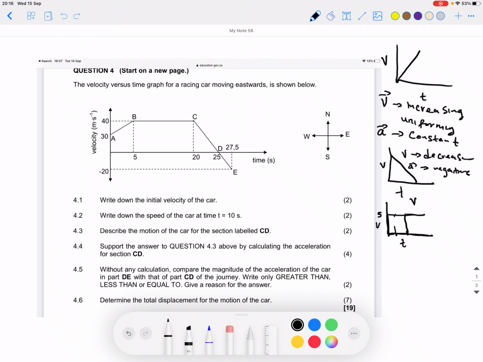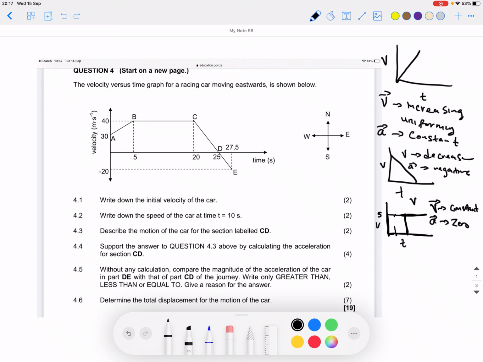At 10 seconds the velocity is still the same. So in this case the velocity is constant, but the acceleration will be 0. We are saying acceleration is 0 because the gradient is 0 for this kind of graph, okay?